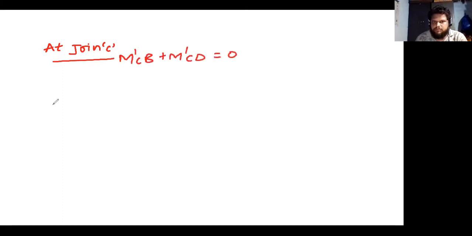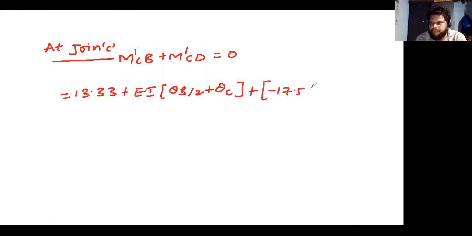Next, equilibrium equation at joint C. So this is M dash CB plus M dash CD equals 0. What is M dash CB? M dash CB equal to plus 13.33 plus EI into theta B by 2 plus theta C, plus minus 17.58 plus EI times theta C plus theta D by 2.